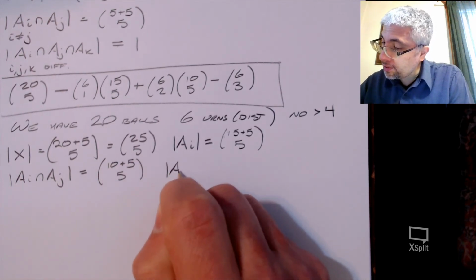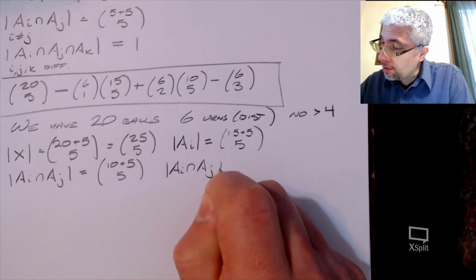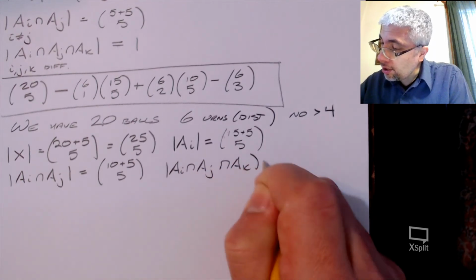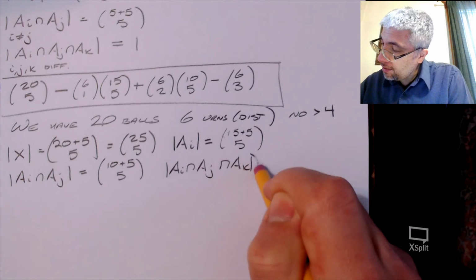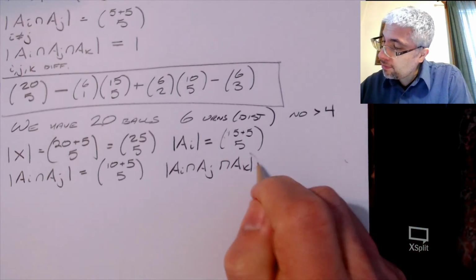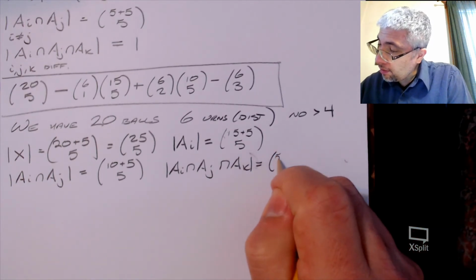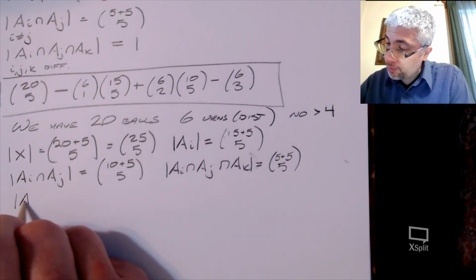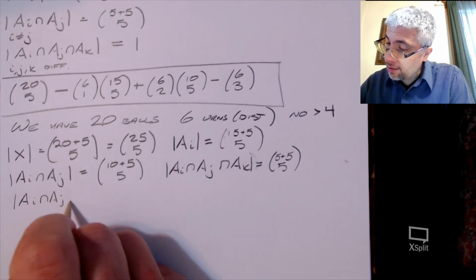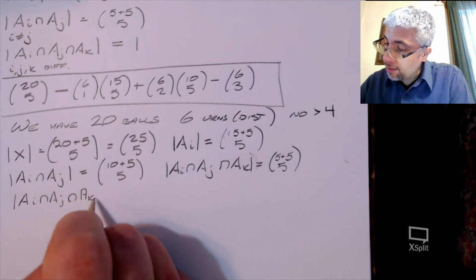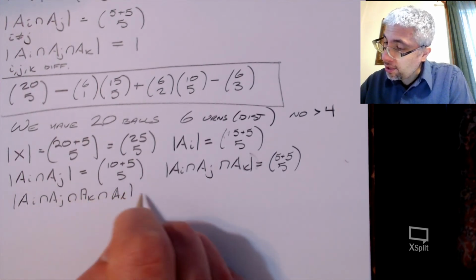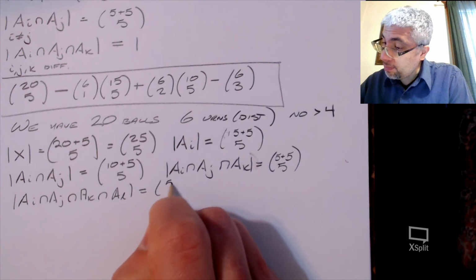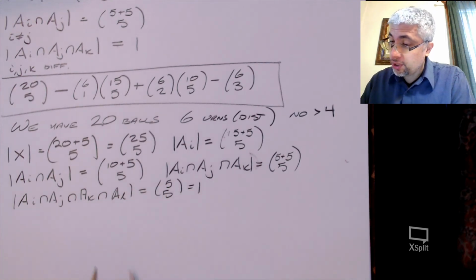Now my triples are going to be 5 plus 5, choose 5. And now we would add one more, and that would just be 5, choose 5, or 1. So we'd go one step further.